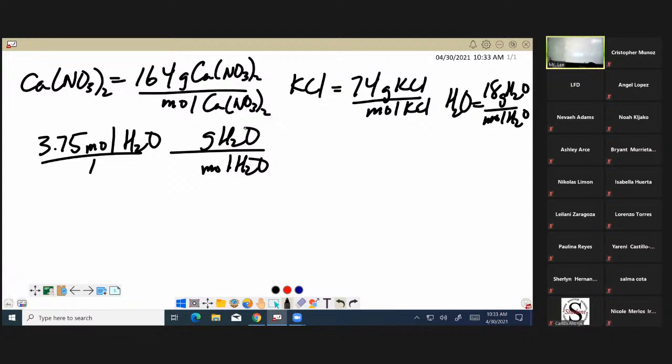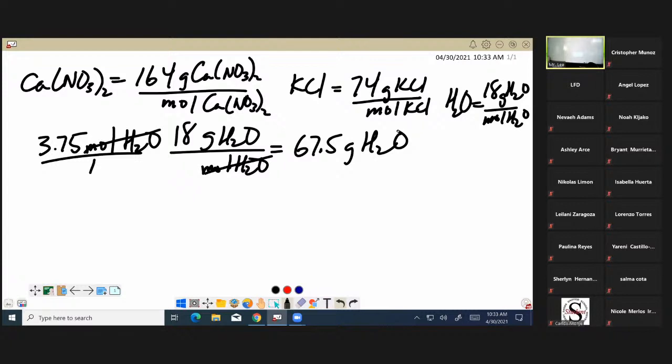Remember, it's right here, 18. So moles of H2O cancel out, and it's just a matter of taking out your calculator and multiplying that out, right? So we got 3.75 times 18, and we get 67.5 grams of H2O.